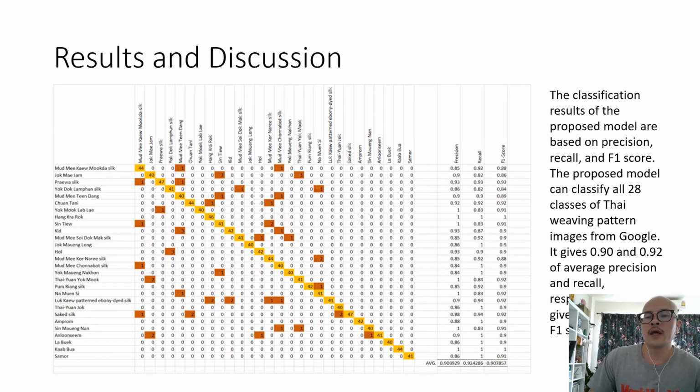The classification of the model is based on precision, recall, and F1 score. The proposed method can classify all 28 classes of Thai weaving pattern images from Google, giving 90% and 92% in average precision and recall respectively, and 90% of F1 score.